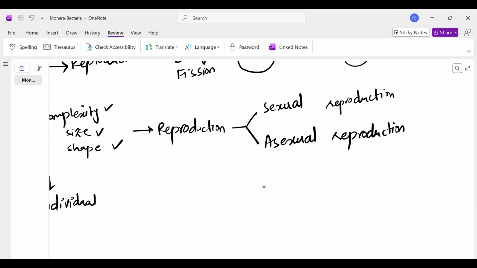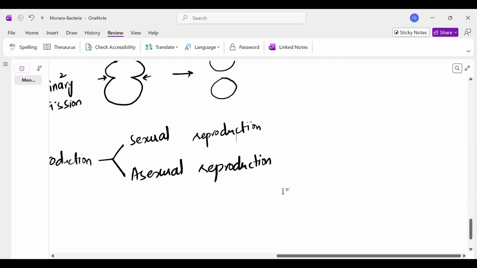Okay, when we talk about sexual reproduction, it is the fusion of two gametes. Basically, you must know in every species there are two partners. There is a female organism as well as a male partner of that organism. There are male and female partners, right?